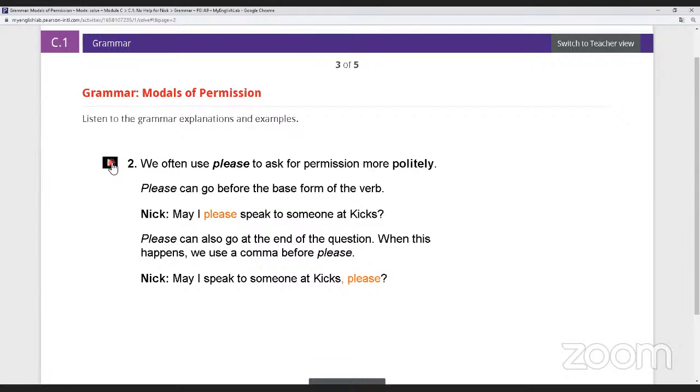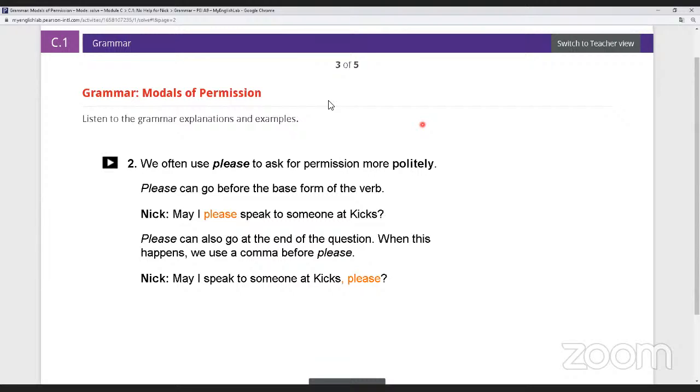Okay, so the use of please, in my opinion, is part of being cordial, not so much of grammar. I mean, it's not like you have to put it, but it's part of being a kind person, or a cordial person. So we're gonna use please to ask for permission more politely.